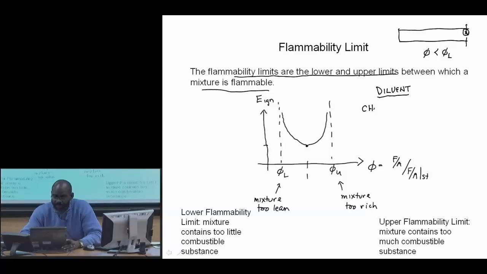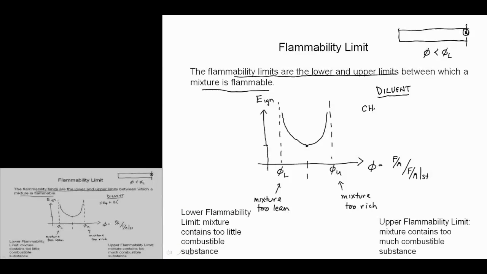If we have methane, we know for a methane flame to burn at stoichiometric conditions, and we'll check this, that we need 2 moles of oxygen for every mole of methane.